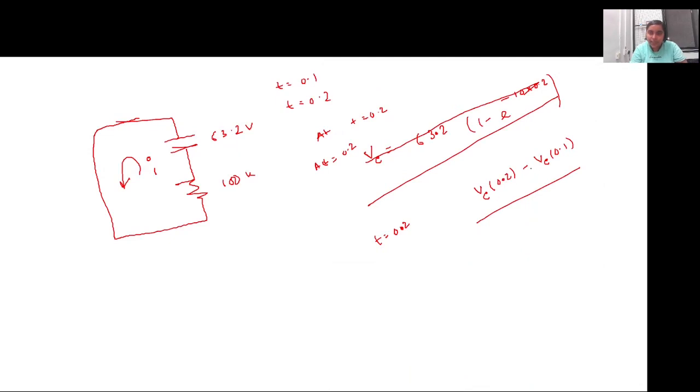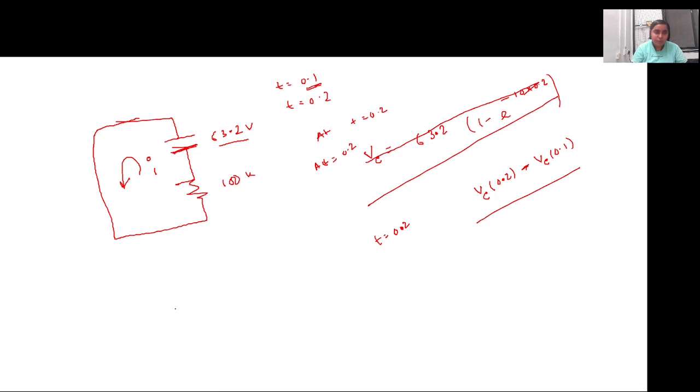Since there is no external voltage source, this is the initial capacitor voltage source, right? So at 0.2, how much voltage it will go to, how much discharge has occurred. Either you can calculate in terms of voltage or in terms of current, and then subtract it from what it was at t equal to 0.1.